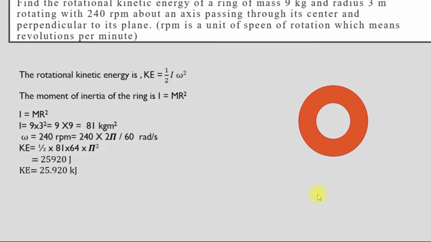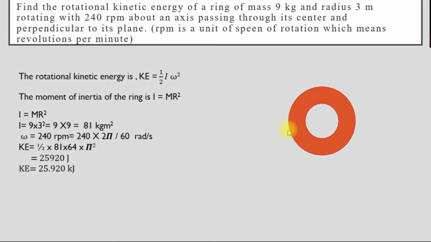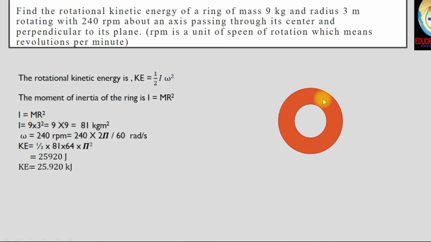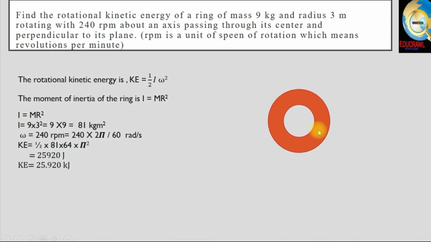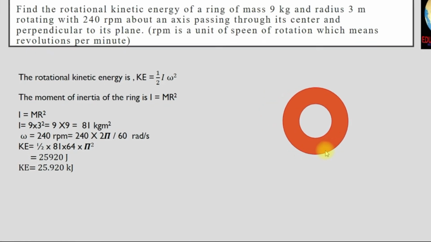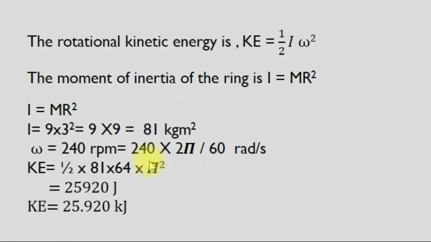And the total rotation is a circle, so the total angle will be 360 degree, which is 2 pi. So when you want to convert this into radian per second, the total angle in a circle is 2 pi and the time is 60. So you have to multiply by 2 pi by 60. Hence you can get the omega value in radian per second.